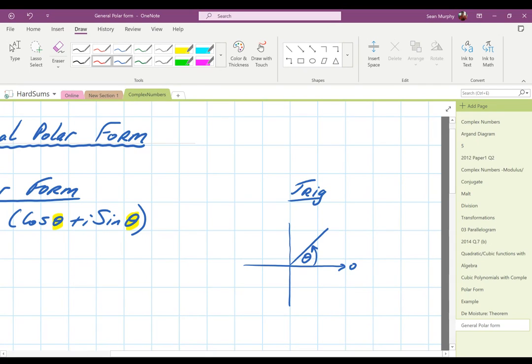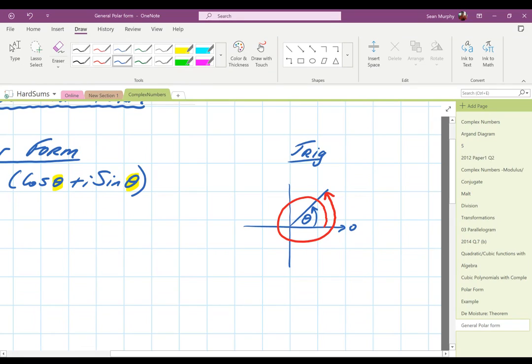But there's nothing stopping us actually starting at 0 and going around and going back again. And we arrive here. So what we're trying to say, I suppose, is that any angle theta in general can be thought of as also 360 plus theta. There's nothing stopping you going around and back to where you started.